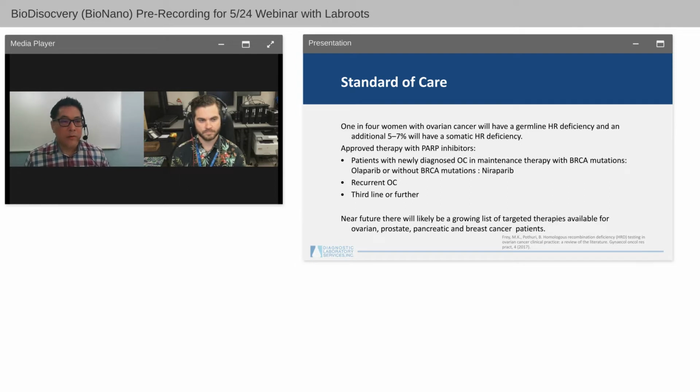So for institutions that are running NGS platforms, having an ability to use NGS data to assess HRD and genomic instability really enhances your ability to provide the full spectrum of biomarker targets for your oncologists and surgical oncologists. And I want to pass over control to Zan to show how we can use that NGS data to assess HRD.